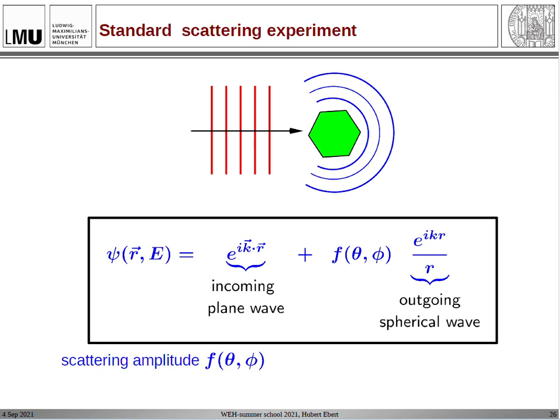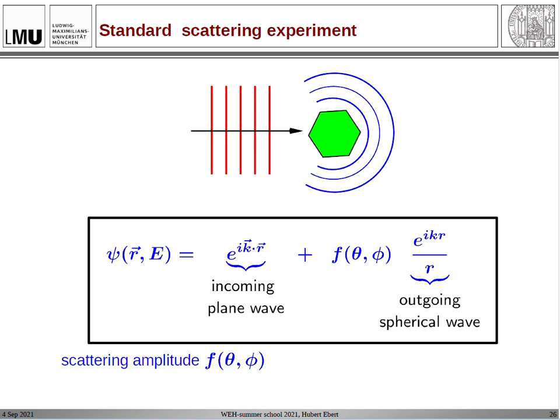We start, as we heard this morning, with the elementary step, that means the scattering of a wave at a target. And this is, of course, something that happens in many, many machines. If you have X-ray scattering, neutron scattering, whatever, electron scattering.